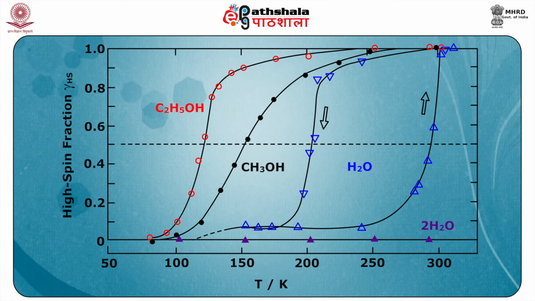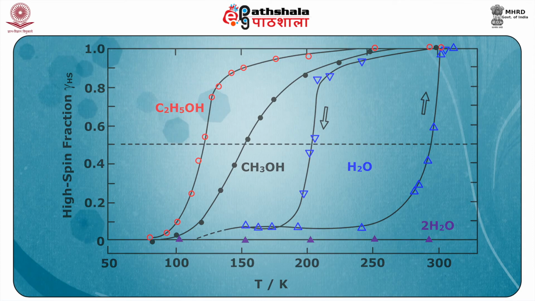The monohydrate and dihydrate exhibit a very broad hysteresis loop with transition temperature near 200 Kelvin and near 290 Kelvin respectively, and the dehydrated sample exhibits no spin transition at all but remains in low spin state.